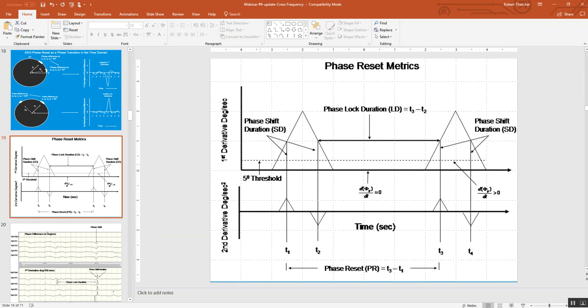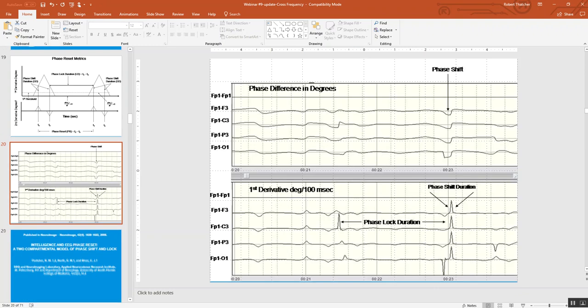In this case, we have a 5-degree threshold, so if it's 5 degrees, that's essentially close to 0. We played around with 3 degrees and 7 degrees. It's bouncing around a little too much to give it exactly at 0, but this is sufficient to quantify the duration of phase locking and phase shifting. A 5-degree threshold is fairly common in the scientific literature.